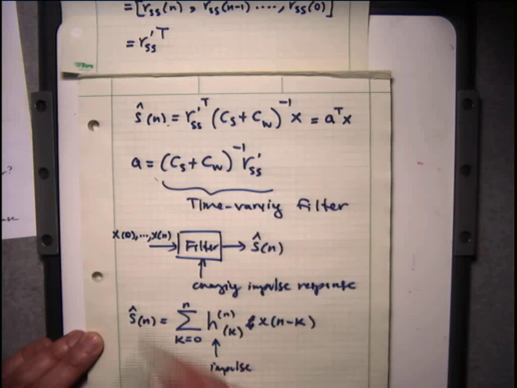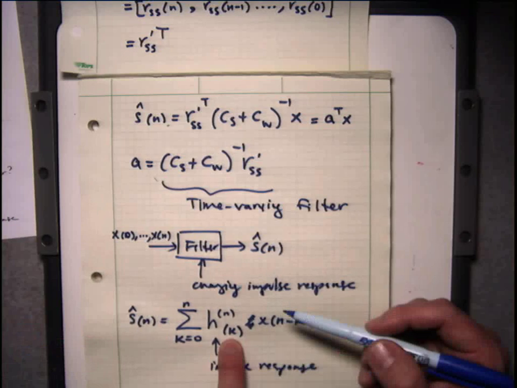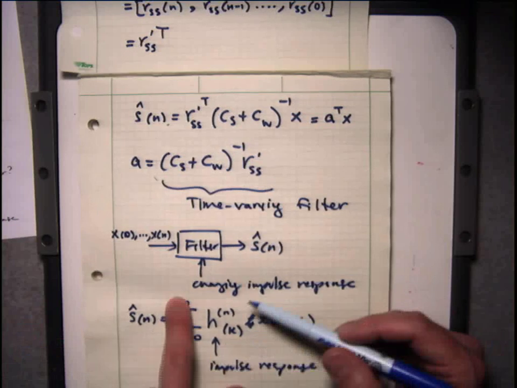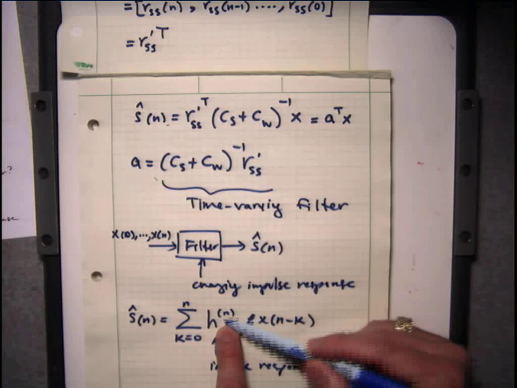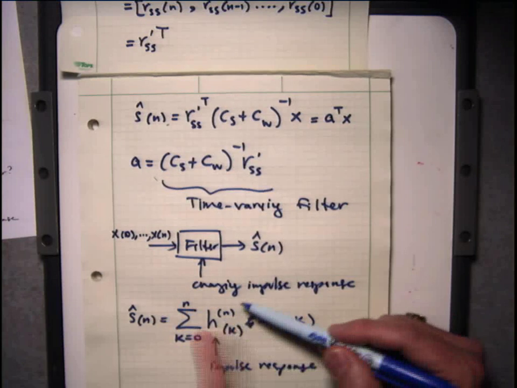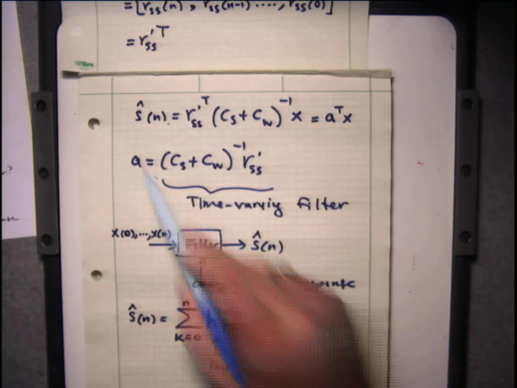This is just a convolution. So this is the impulse response of this filter that I just wrote down here. This k is just the index from 0 to n, and this n here is trying to demonstrate that this impulse response actually changes for each output value according to this formula.